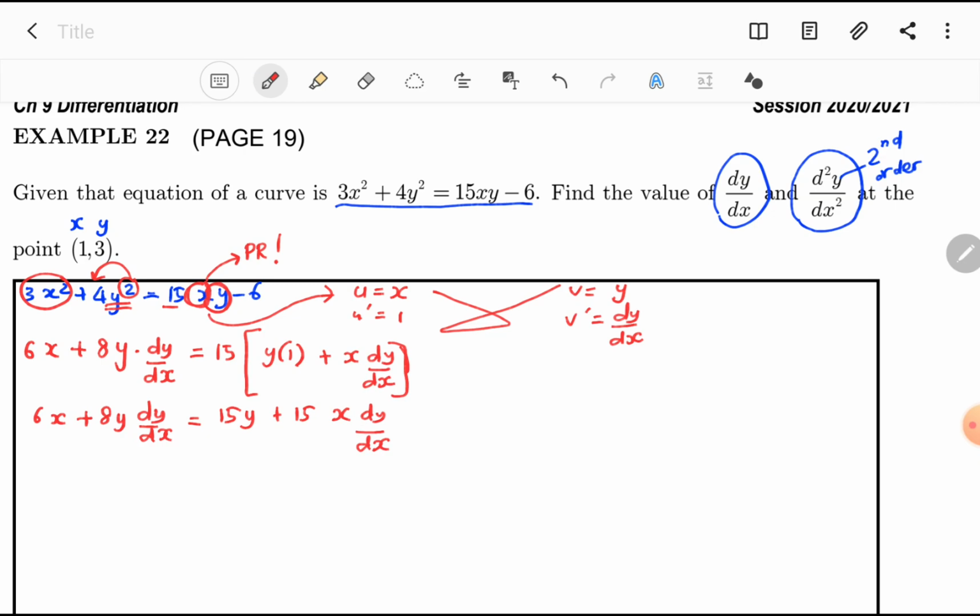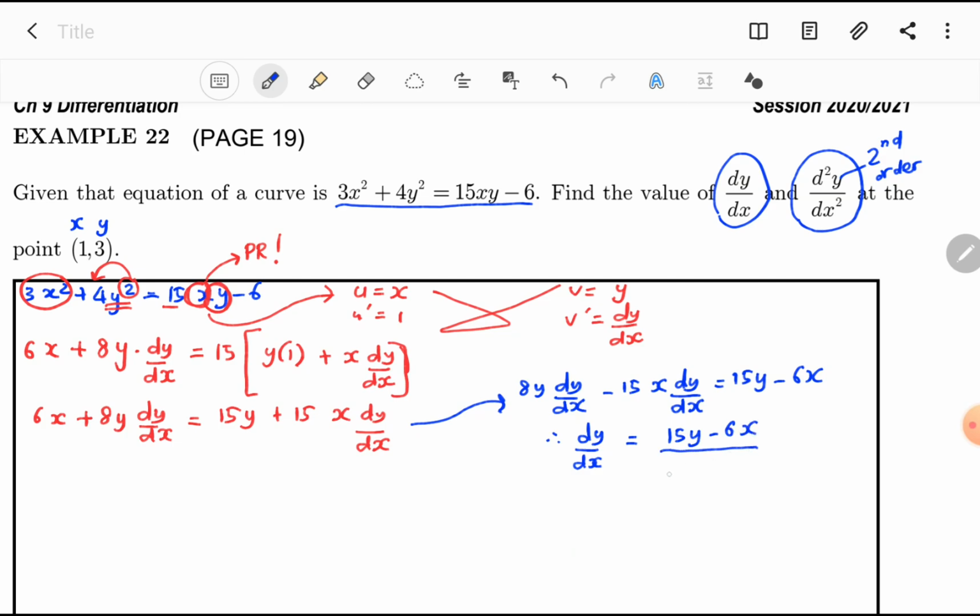Then from here we collect dy dx on the left. So 8y dy dx minus 15x dy dx, and write the other terms on the right: 15y minus 6x. Therefore, dy dx equals 15y minus 6x over 8y minus 15x.